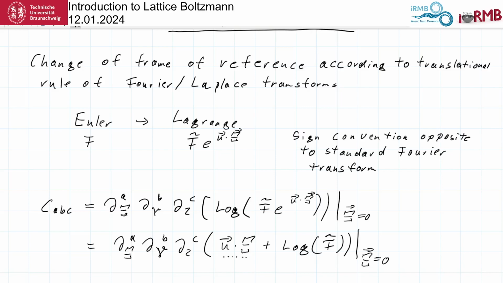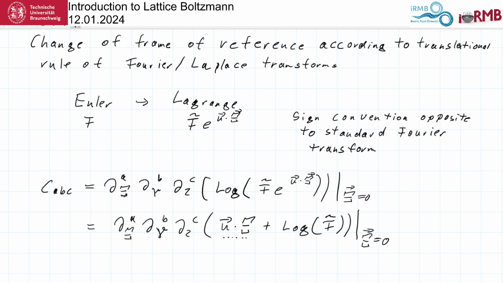And this is obviously independent of which Euler frame we are actually using. So this here is intrinsically Galilean invariant because all but the order 1 cumulants are invariant under collision.